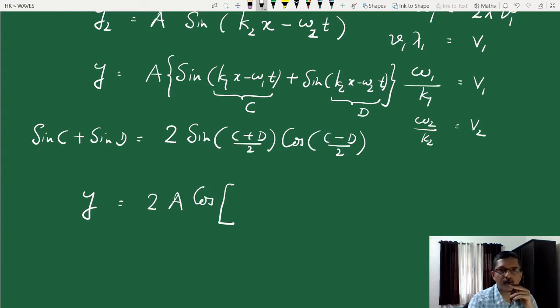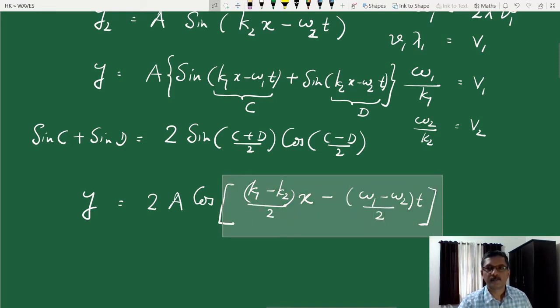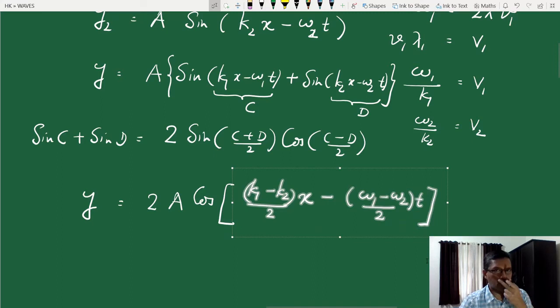So finally we get k1 minus k2 by 2 into x, minus omega 1 minus omega 2 by 2 into t. This term in the square bracket, the argument of the cosine, is c minus d by 2. You can work it out: k1x minus omega 1t minus k2x minus omega 2t, whole divided by 2.